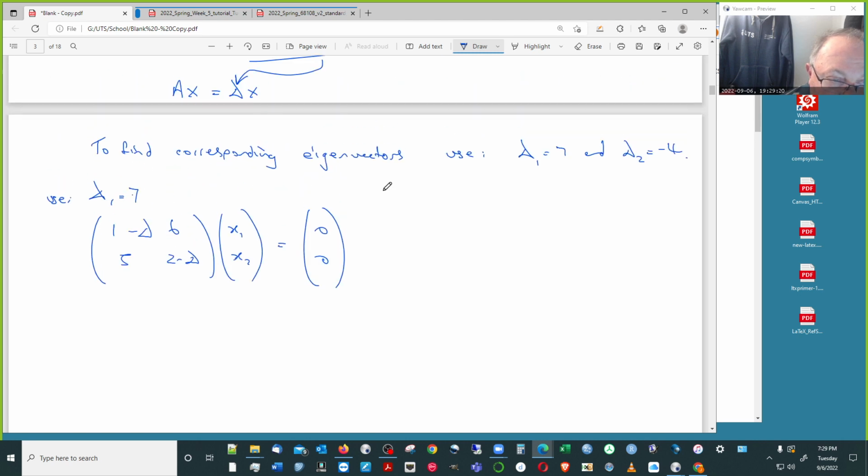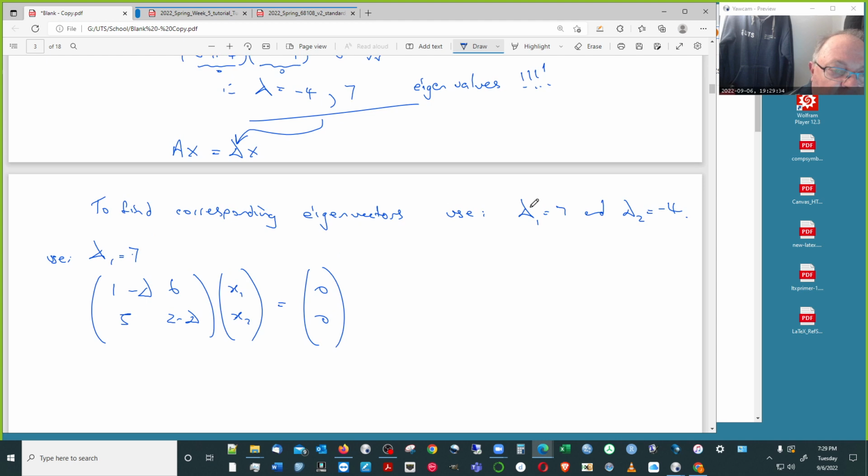Now, what can we say about any vectors or matrices that are equal to 0? This might be a little bit of revision. If I have 2 lines that cross, there's a unique solution.